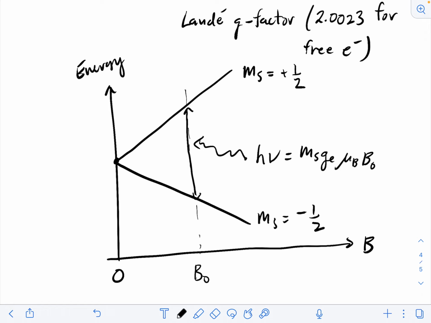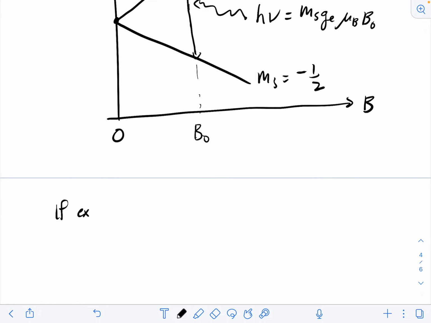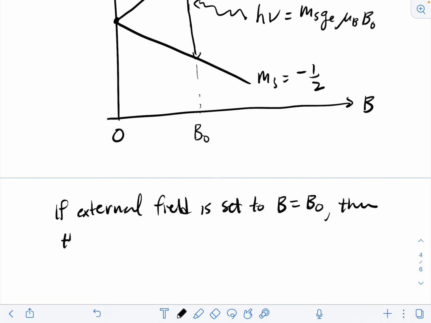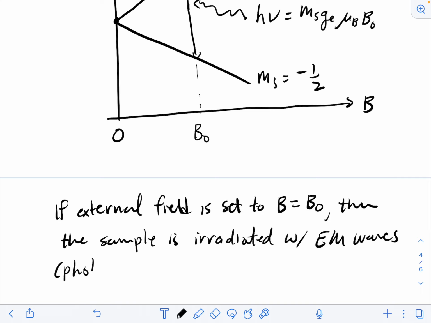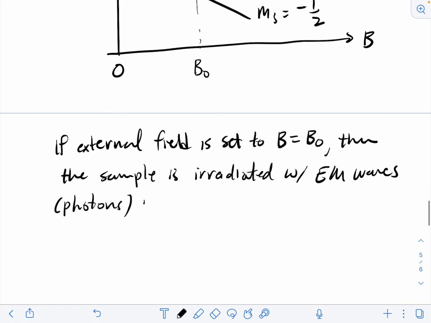Okay, so in words, if the external field is set to be B equals B naught, in a typical ESR experiment, this might be on the order of a few Tesla, then the sample is irradiated with electromagnetic waves or photons with an energy h times nu.